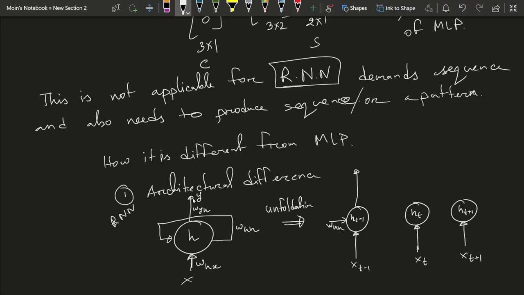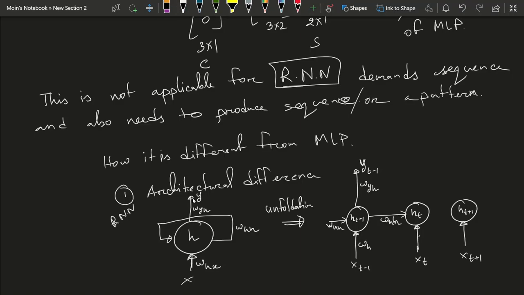It will generate a y at t minus 1 with the help of the Wyh matrix, and this is passed to Whh. A similar weight matrix will be passed later on, and this matrix will be Whx at t minus 1.